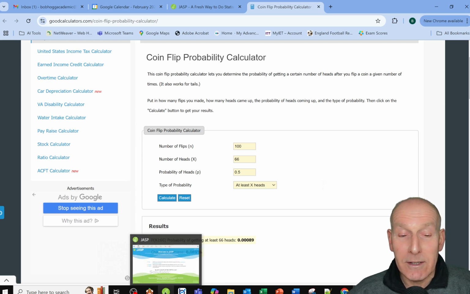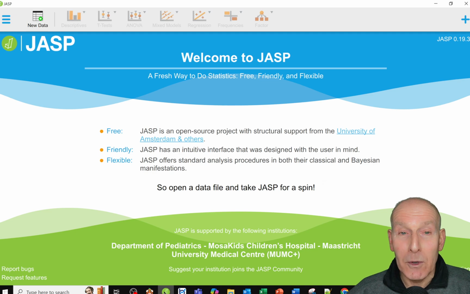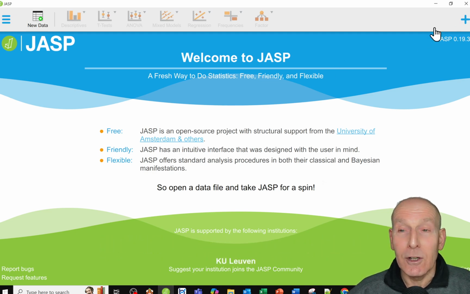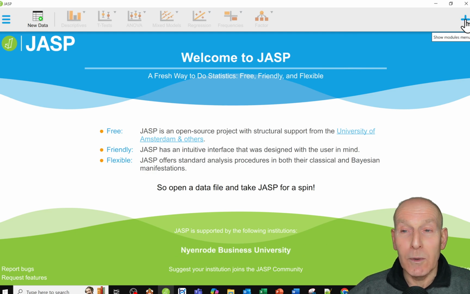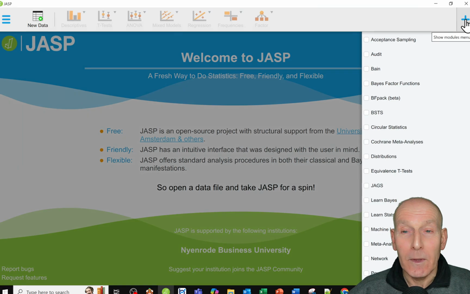Now, since this is a series on JASP, maybe we should have a look at JASP and see if it can actually help us, and it can in terms of viewing this distribution as a probability distribution. So for example, if we go to the show module menu, you'll see that we do actually have a module on distributions.